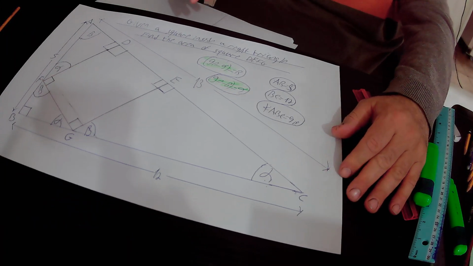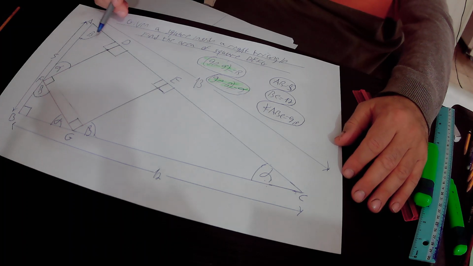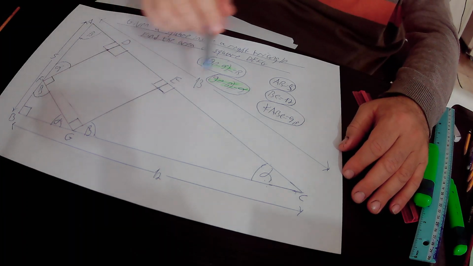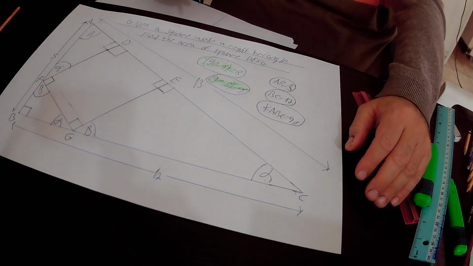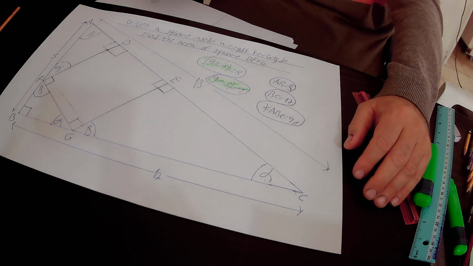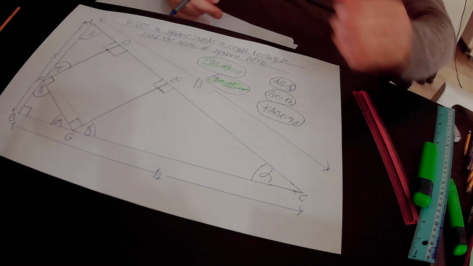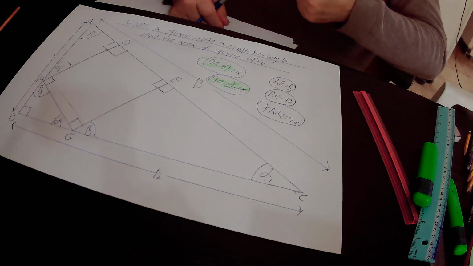So in the drawing, we have in total 4 right triangles: 1, 2, 3, and the big triangle, triangle ABC. All the angles in those 4 right triangles are equal to each other.